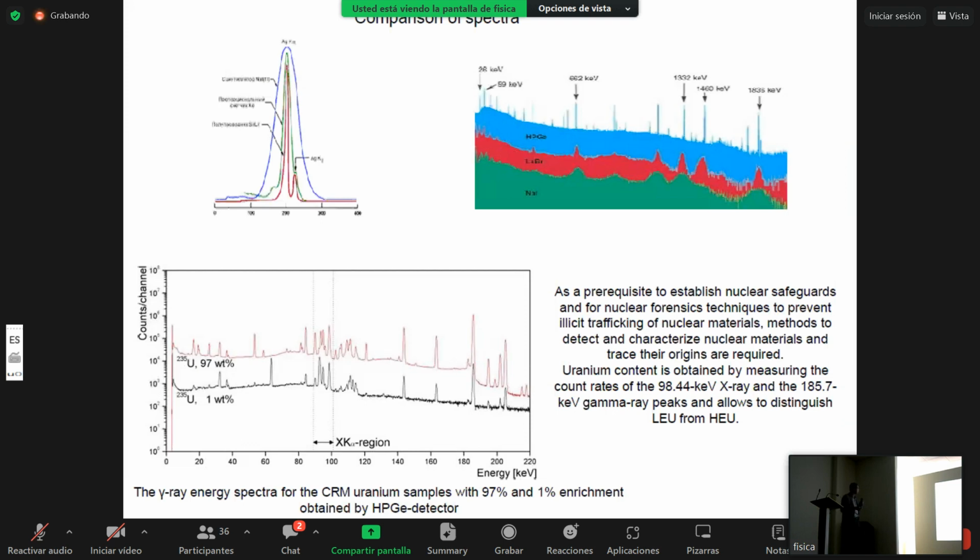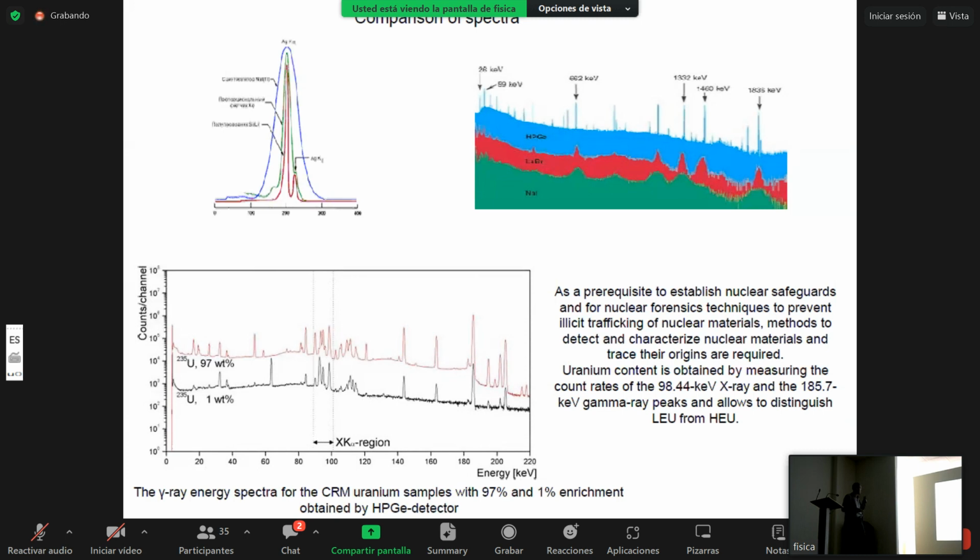And it would not be possible with the other types of detector to use this information. There are lots of practical applications, and I'd just like to give one example of why we should care about this energy resolution and why we use germanium detectors.